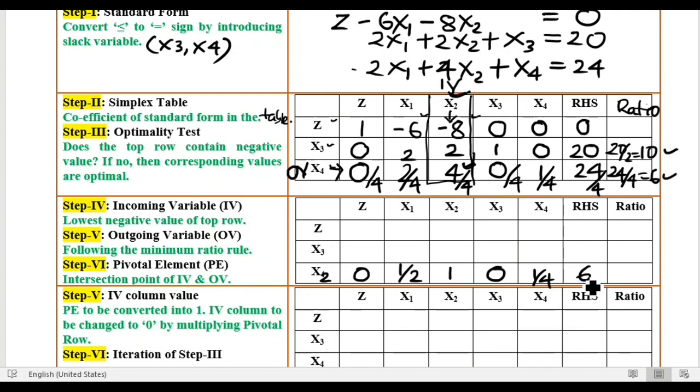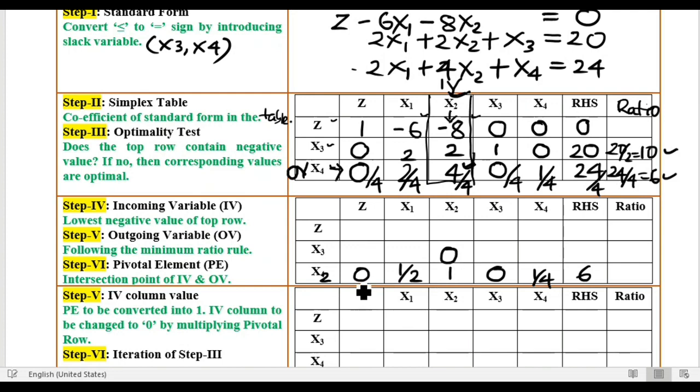Now the other values have to be converted: the pivotal element is converted into 1, and the incoming column is changed to 0 by multiplying the pivotal row. This one I have to multiply.